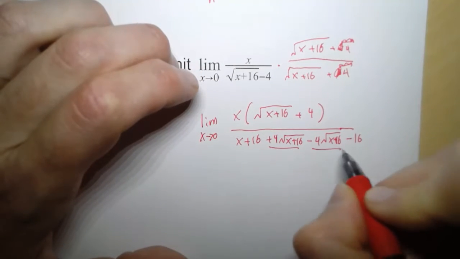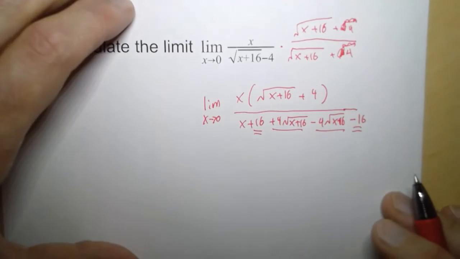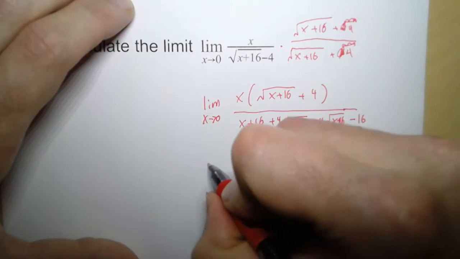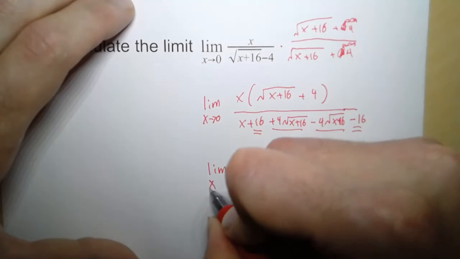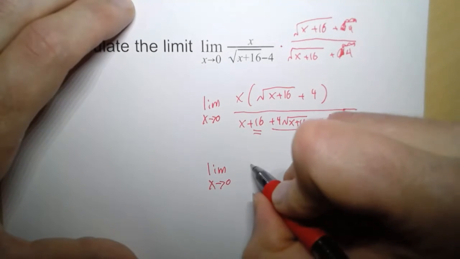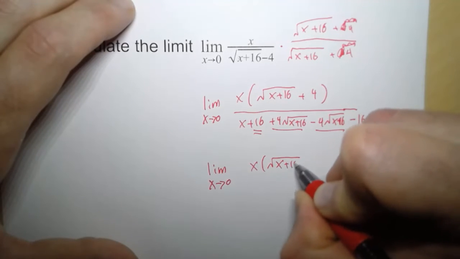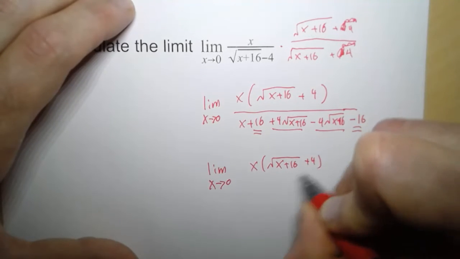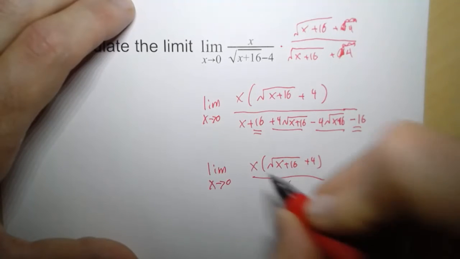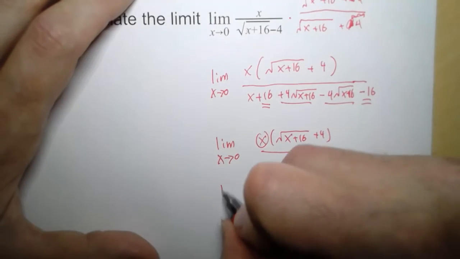So these two cancel, and these two cancel. So that leaves us with just x on the bottom, which happened just the same way as number 10 did when we had h on the top and on the bottom. So we have square root of x plus 16 plus 4 all over x. So there, our x's will cancel.